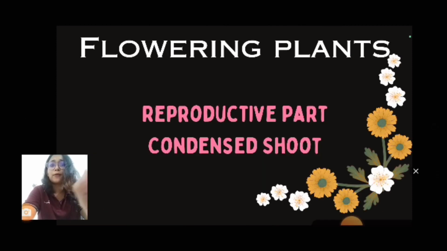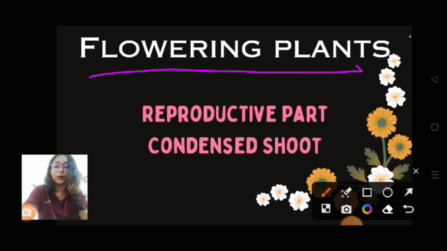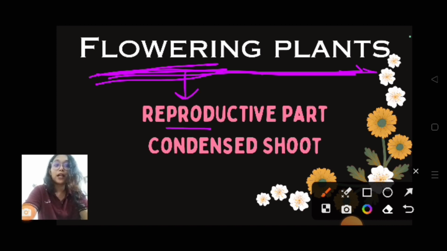Then it is saying morphology in flowering plants. So what do you mean by flowering plant? Flowering plants means the plants which bear flowers. Flower is basically the reproductive part of a plant, because it contains both male and female organs, like in hibiscus.